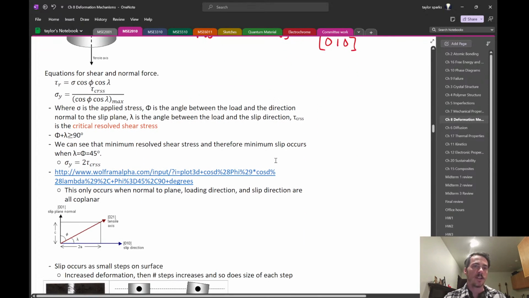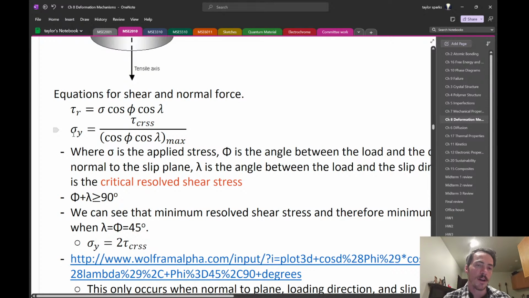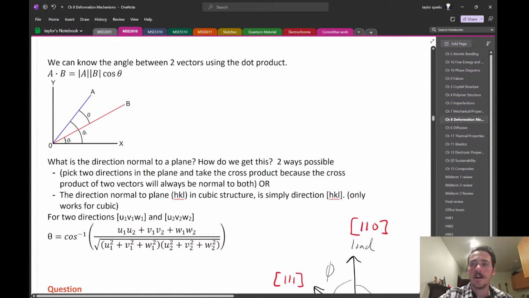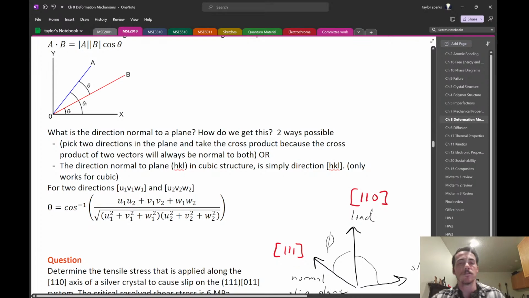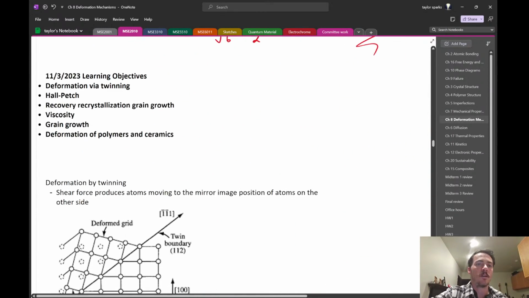The math looked kind of gross, but it really wasn't too bad. It was essentially saying you compare your applied stress to the resolved shear stress, and if you know the angles, then you can decide whether it's greater than or less than. And we showed you some examples of that. Schmidt's law is not on the study guide, so it's not where I would spend my time if I were you. But there are other things we talked about in general.